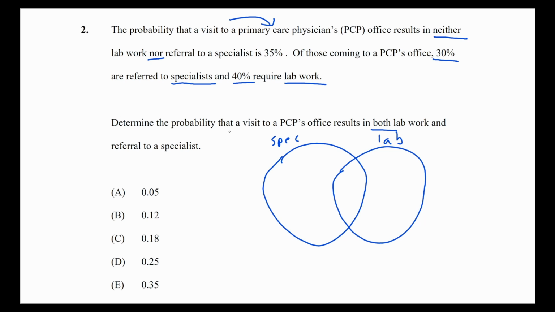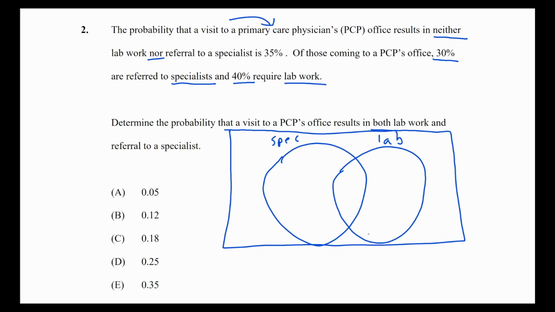Let's imagine a box, and the box is 100%. So 100% of the people are inside this box, but 35% of the people are outside of these circles. So this is going to be 35%.